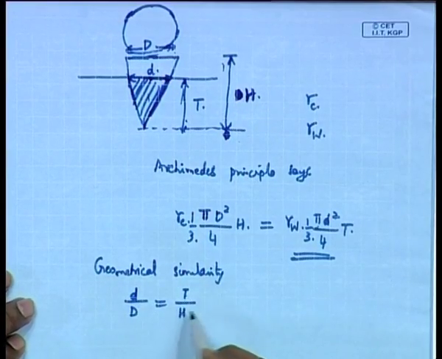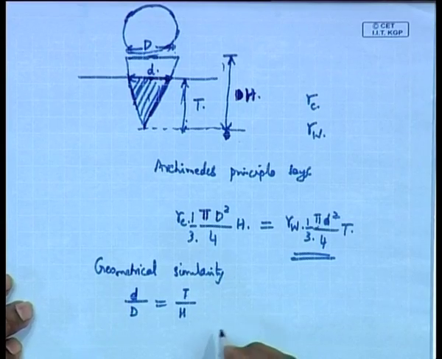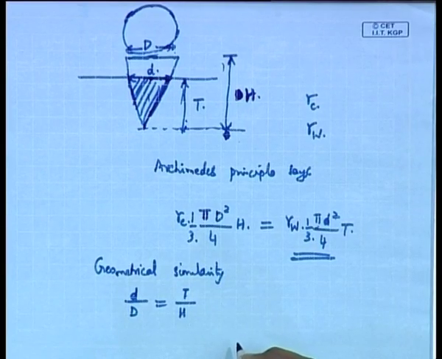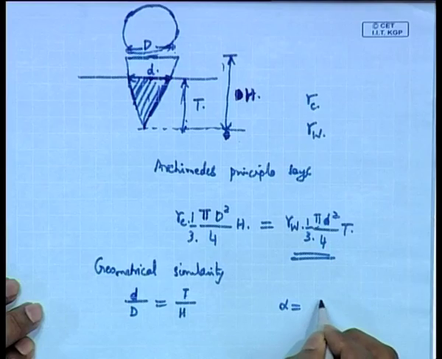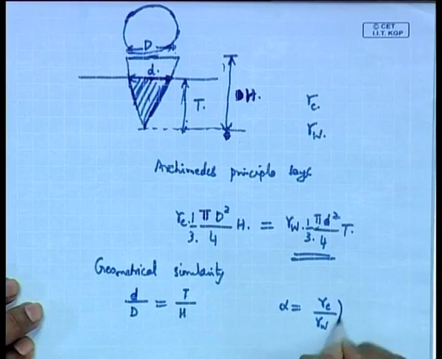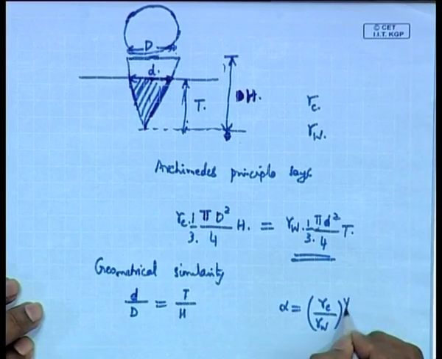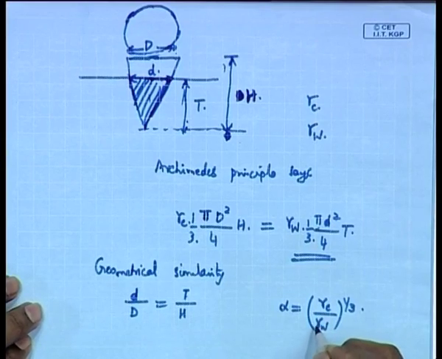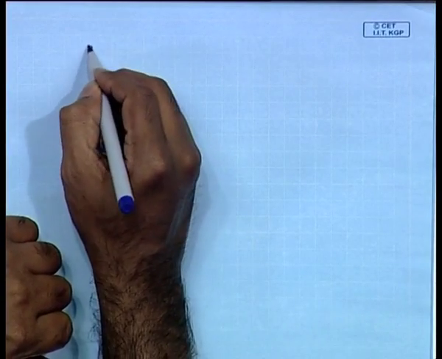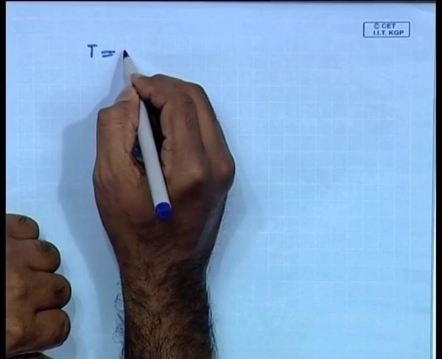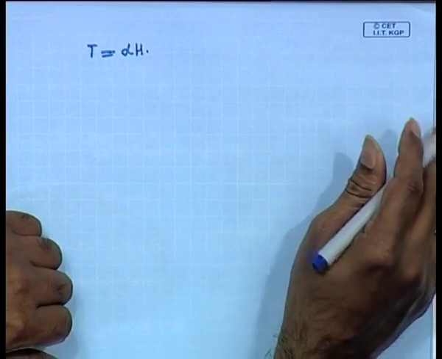I wrote it wrongly earlier. So d by D is equal to t by h. Let us say that alpha is equal to gamma c by gamma w, the whole power 1 by 3, that is gamma of the cone by gamma of water. We will write it as alpha. So we obtain t is equal to alpha h from the previous principle.